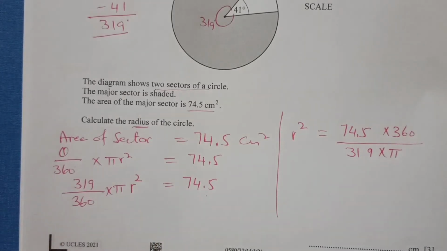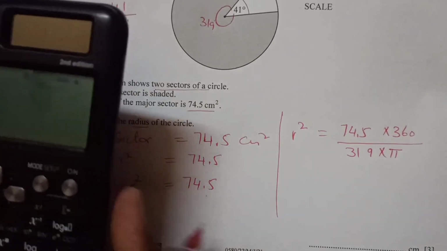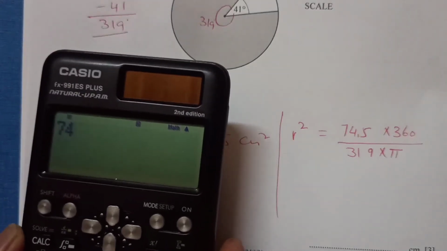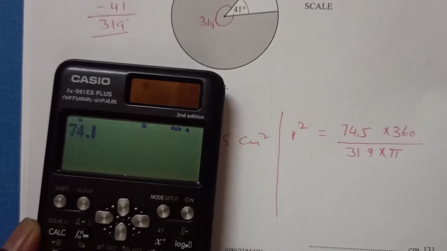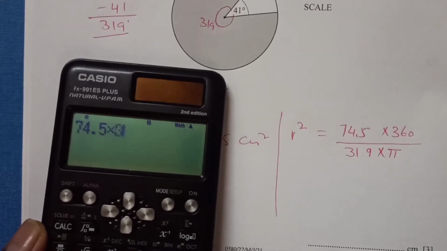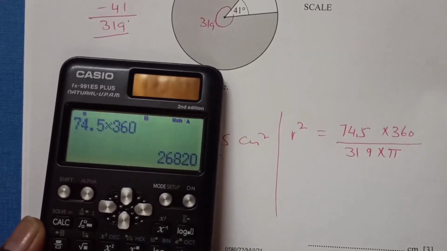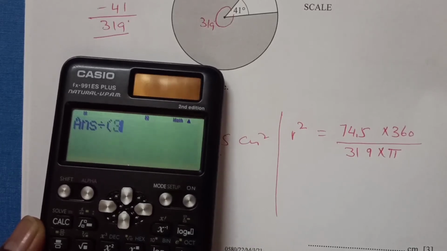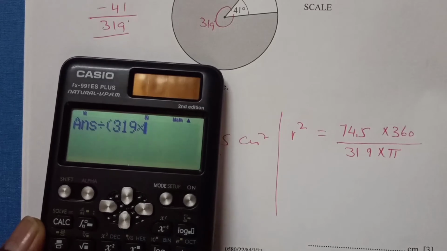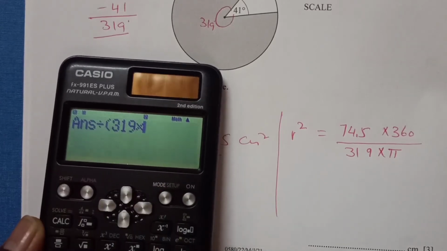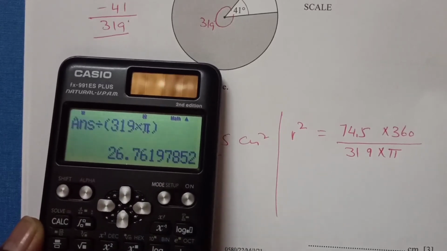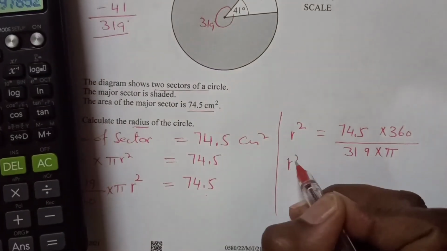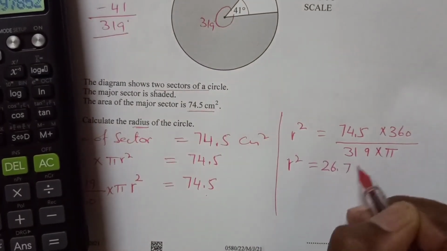So when you calculate this, 74.5 times 360, the answer is divided by 319 times pi, so 26.76. r square is 26.76.